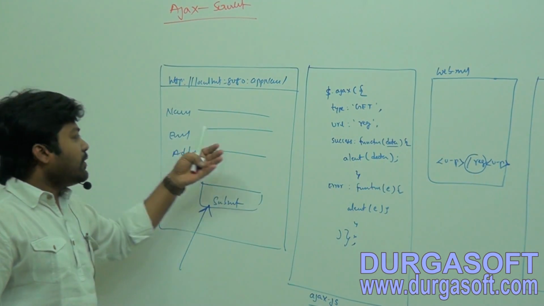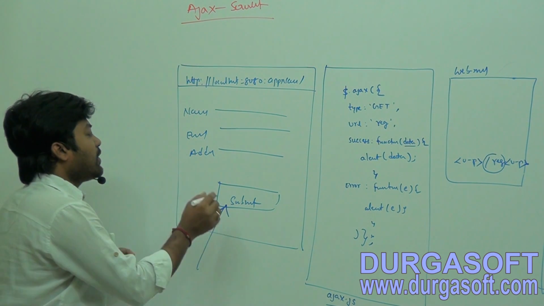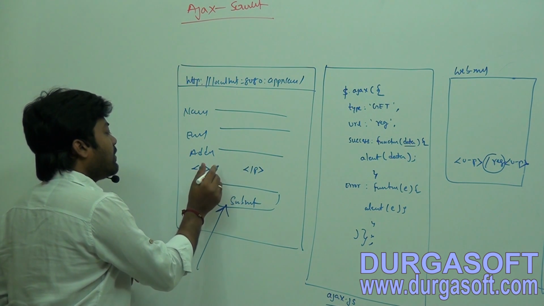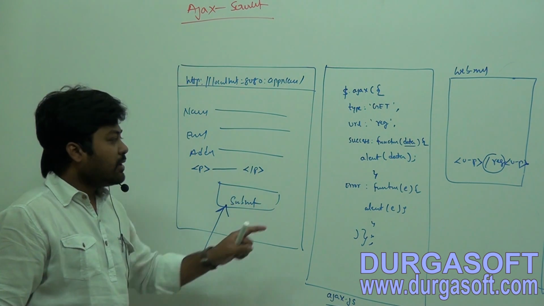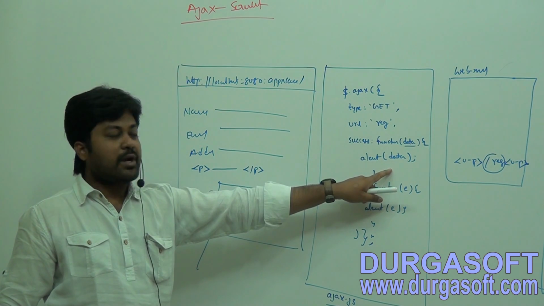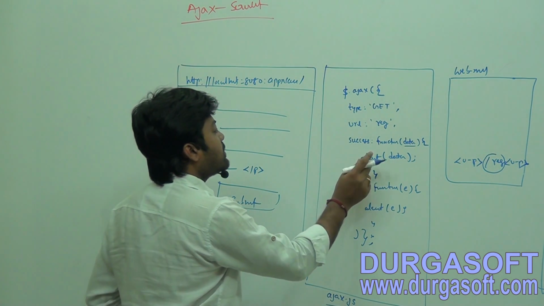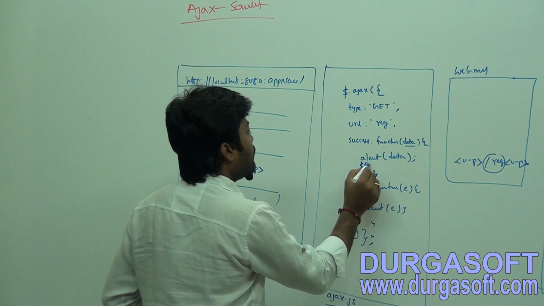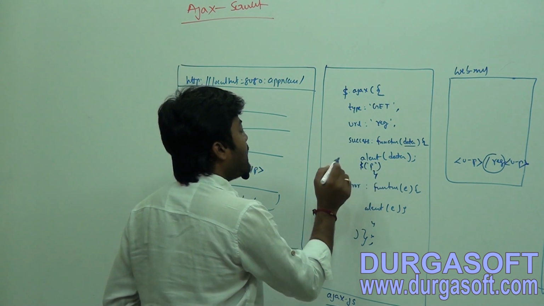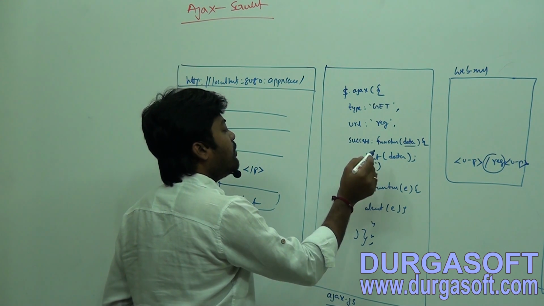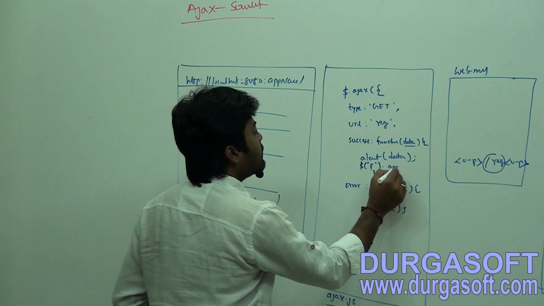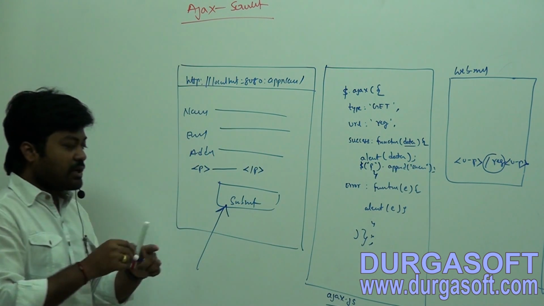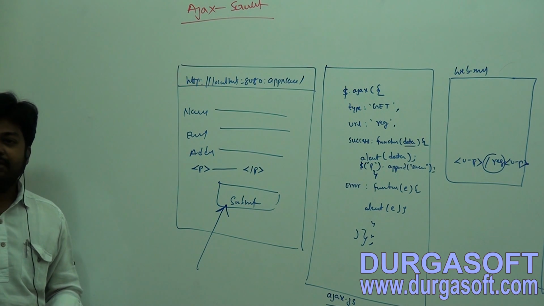And in the same page itself, you can print the output also. Let's say you have a simple paragraph tag. In between the paragraph tags, if you want to print any data, you can write that success data here. In success, you write dollar of p, your paragraph element, dot append, a success or failure message, and it will be appended to your paragraph tag.